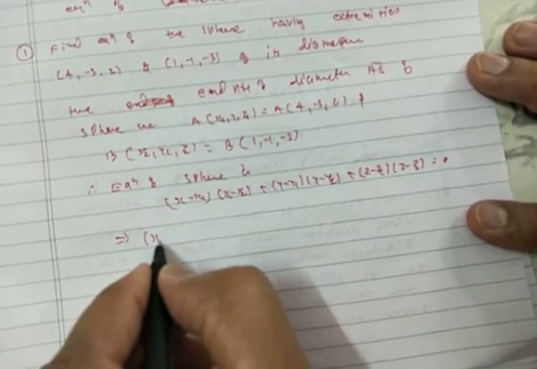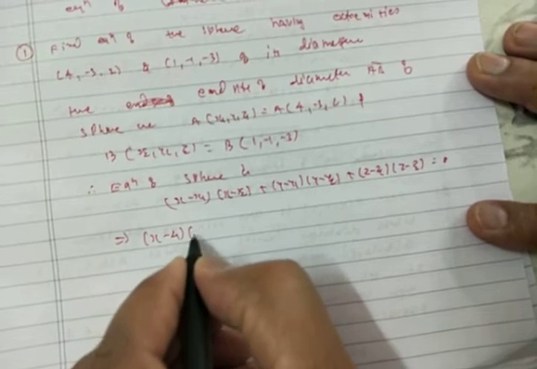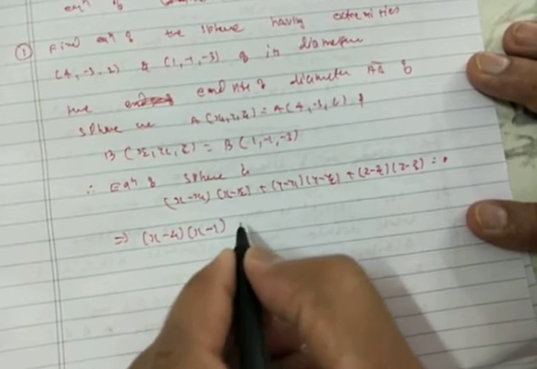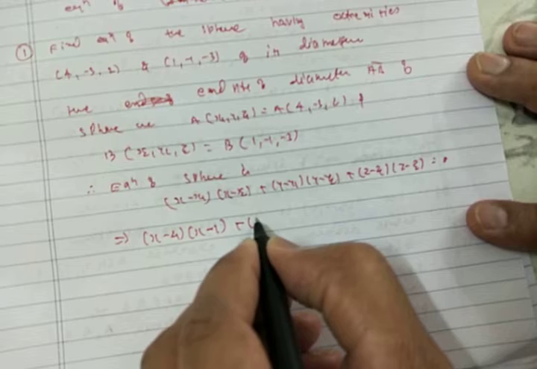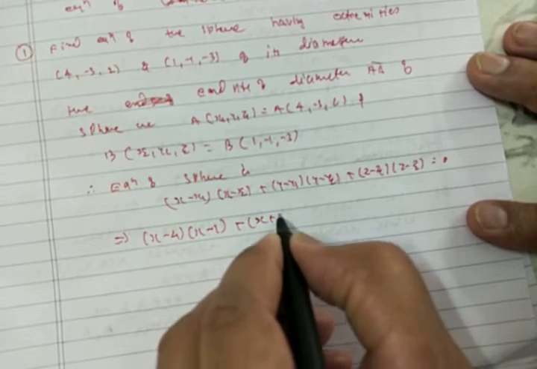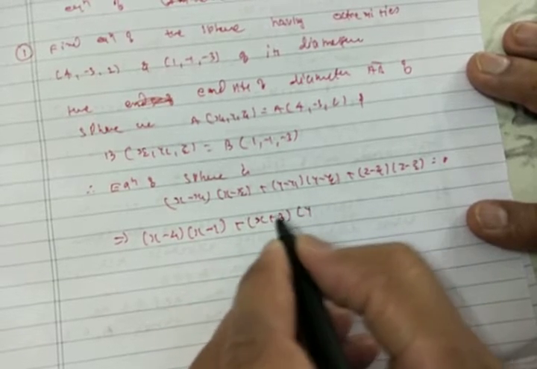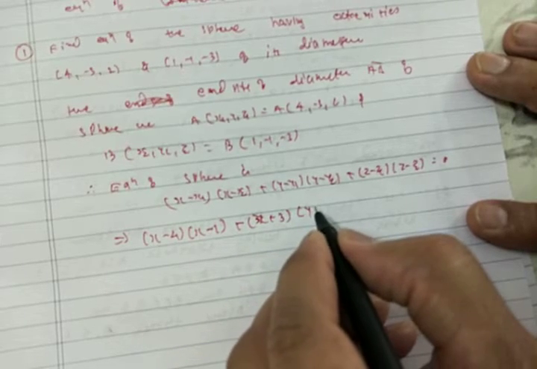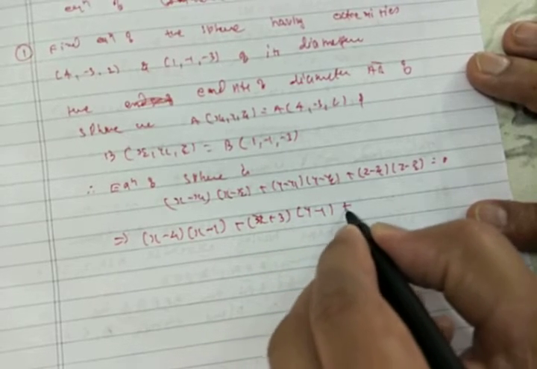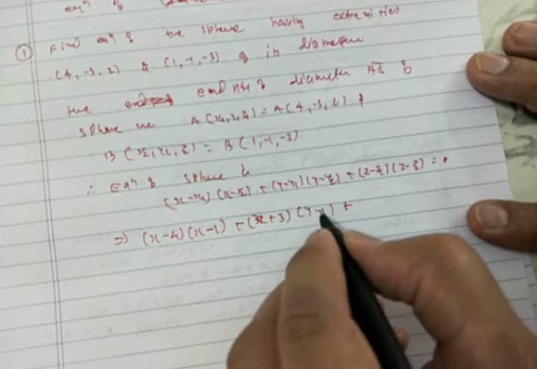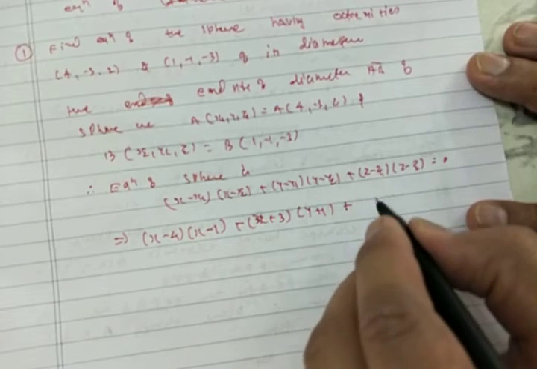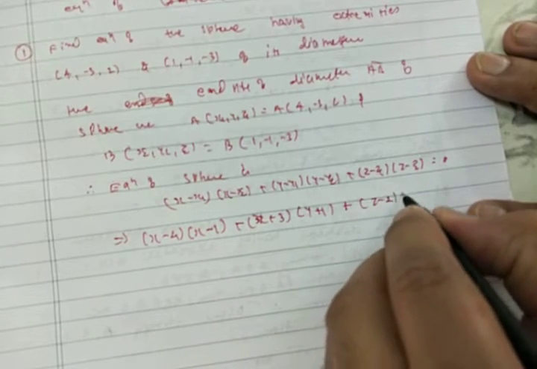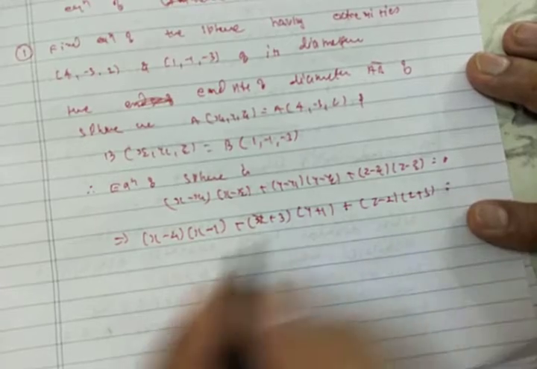This implies (x minus 4)(x minus 1) plus (y plus 3)(y plus 1) plus (z minus 2)(z plus 3) is equal to 0.